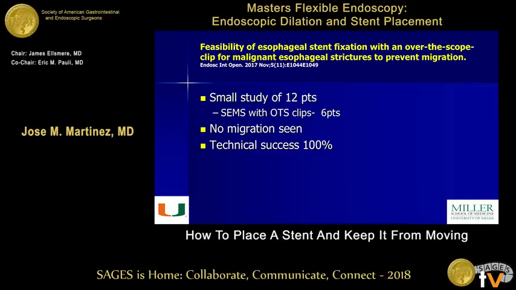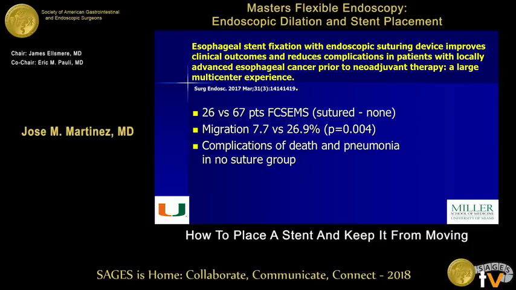Another study looked at feasibility of the over-the-scope clip, which is very aggressive compared to the through-the-scope clips. Feasibility was 100%, and this very small study demonstrates that they don't migrate, but again, this is a selective patient population, which is cancer, and in these we already know that we have a better result.